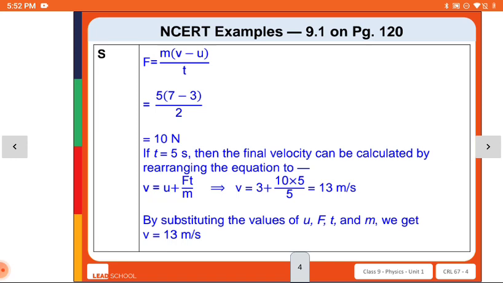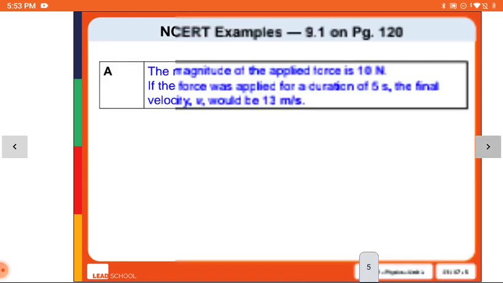We calculate the final velocity by the first equation of motion, v is equal to u plus at, meaning final velocity is equal to initial velocity plus acceleration into time. Acceleration is equal to force upon mass. Force is 10 Newton and mass is 5 kg. After putting the values, we get the final velocity as 13 meter per second.